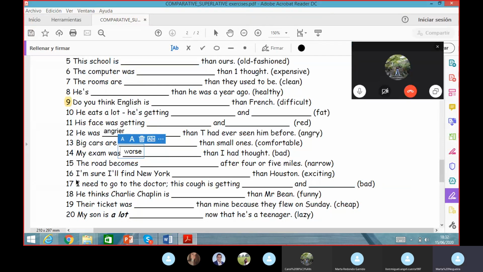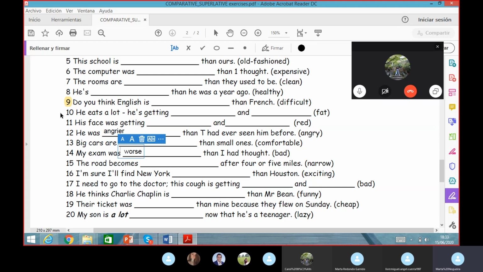16. I'm sure I'll find New York more exciting than Houston. 17. I need to go to the doctor. This cough is getting worse and worse.